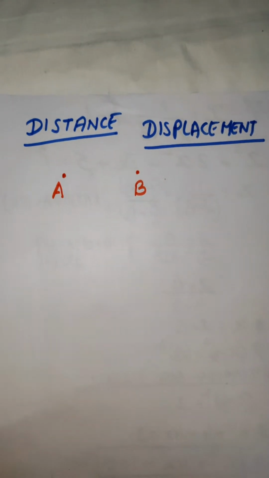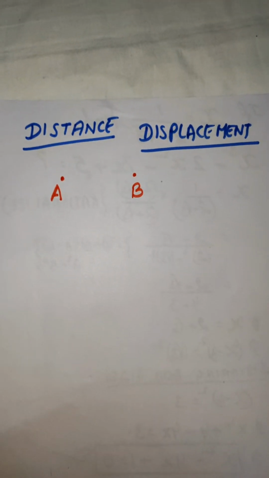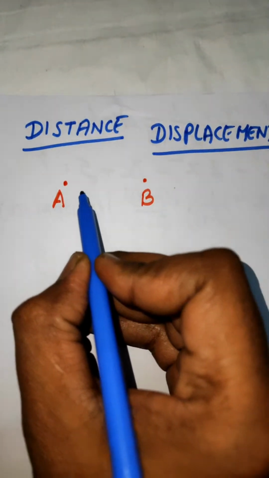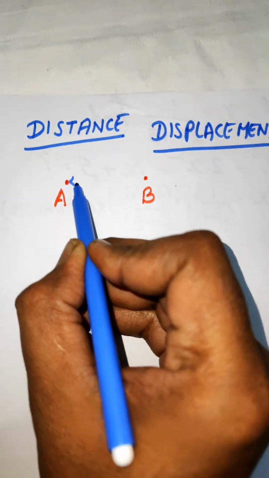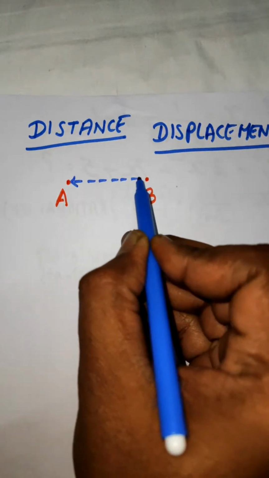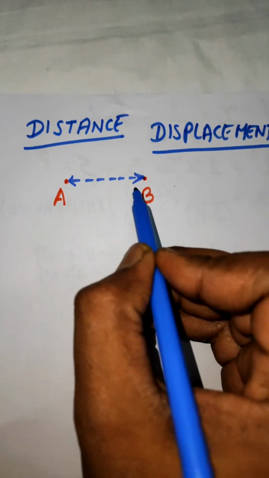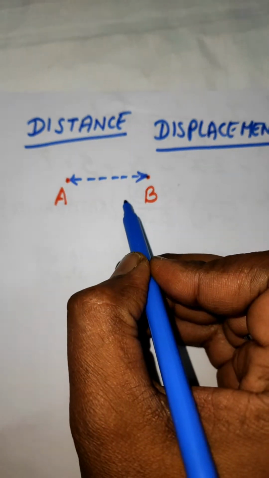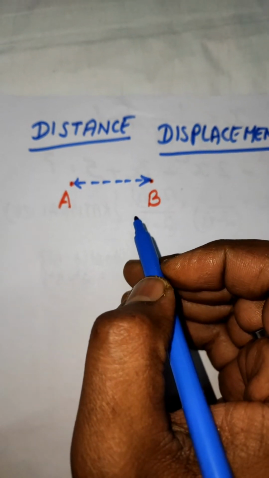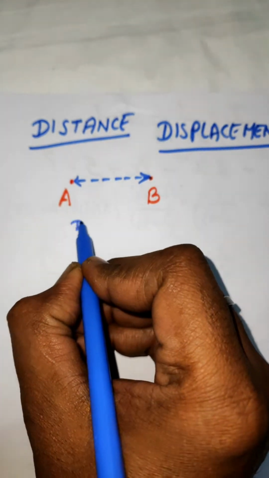So the distance between these 2 points is said to be how far B is from A or how far A is from B, right? So this is called distance.